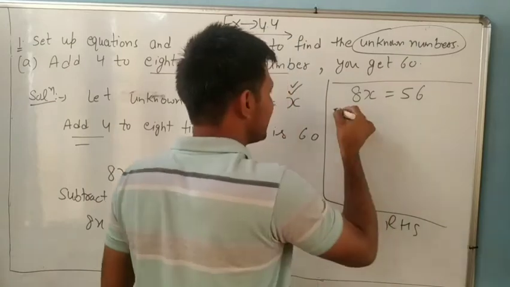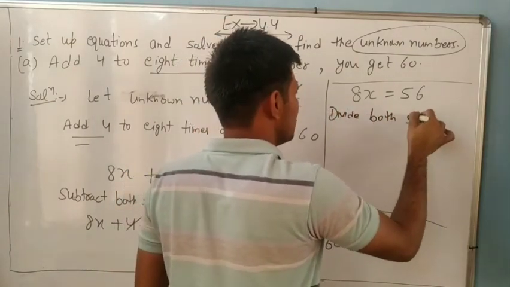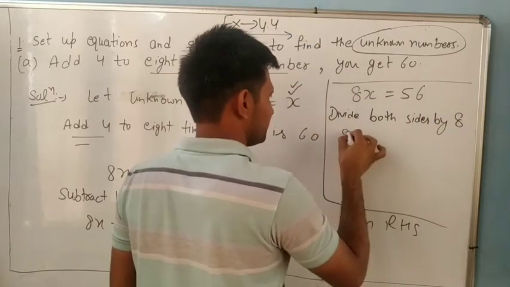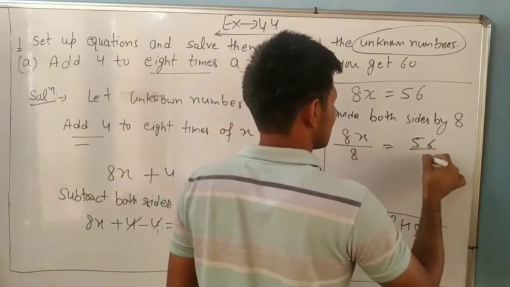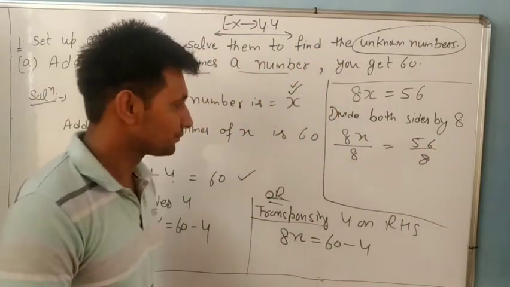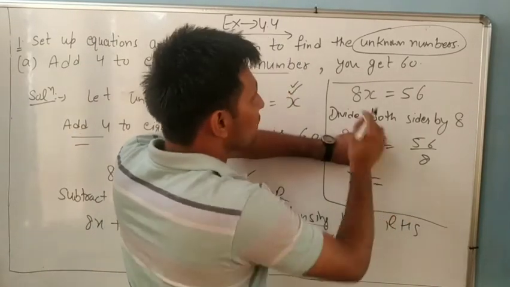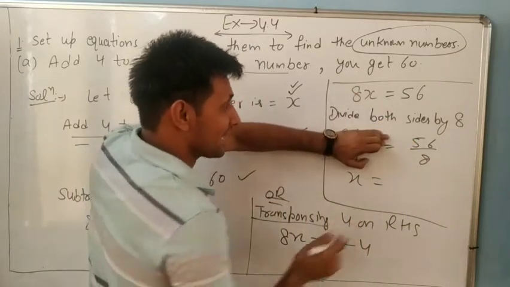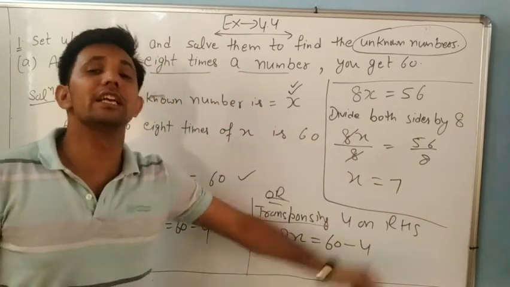So you can write divide both sides by 8. 8x divided by 8 is x. 8 cancels 8. What I told you: multiplication on the other side becomes division. 56 divided by 8 is 7. So what is your answer? The unknown number is 7.